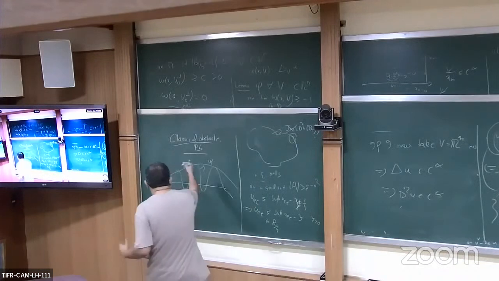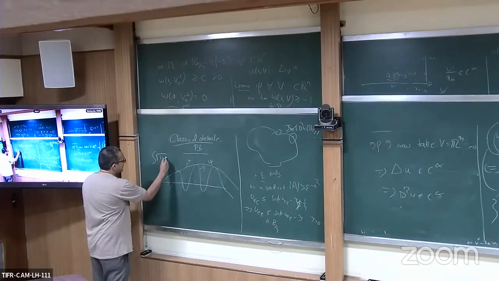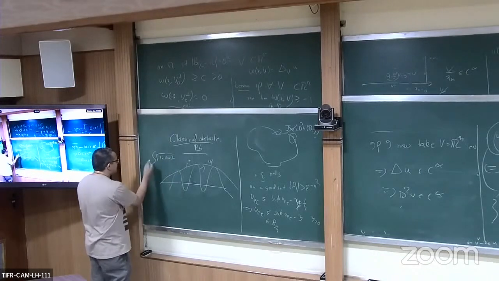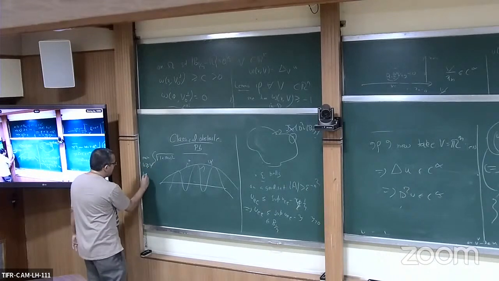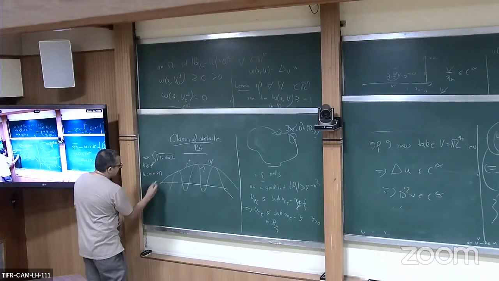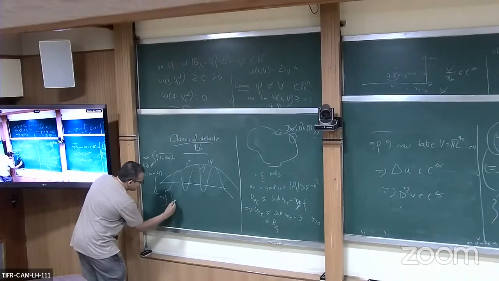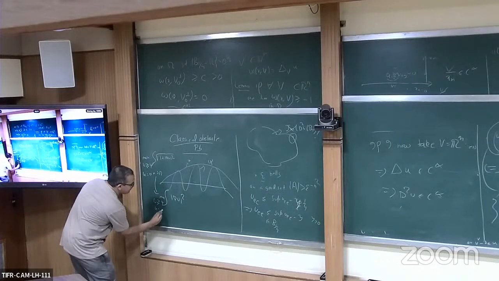So one version of it is to minimize this. And the other is to minimize this subject to the constraint that u is bigger than or equal to psi and u is 0 on the boundary. Or if I linearize this, I get the minimum of the integral of the gradient squared over the set u bigger than or equal to psi with 0 boundary values.